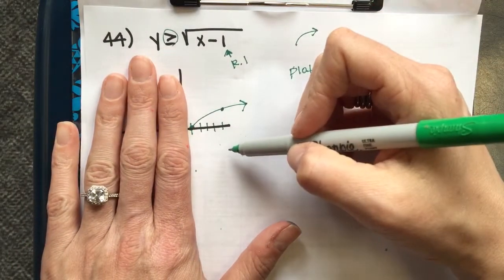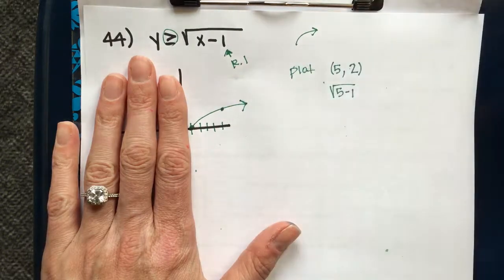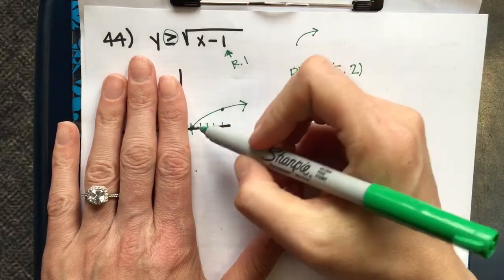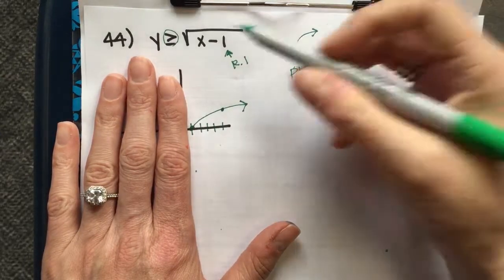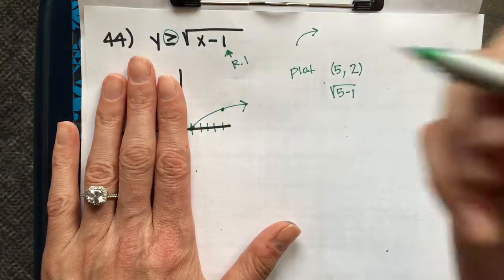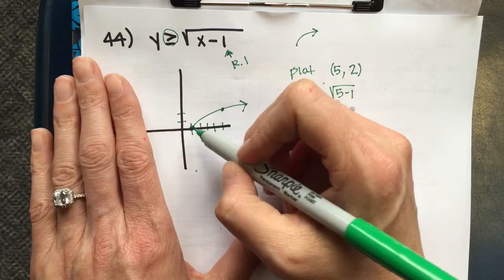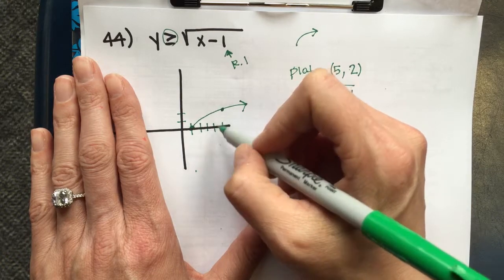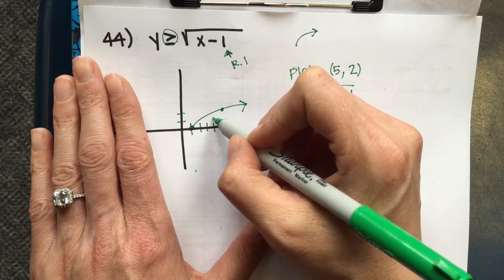And then I either shade below my graph or above my graph. We're going to pick any point that's not on our curve to substitute in the inequality to see if that point is a solution or not. So let's choose 4, 0, or 4, 1.